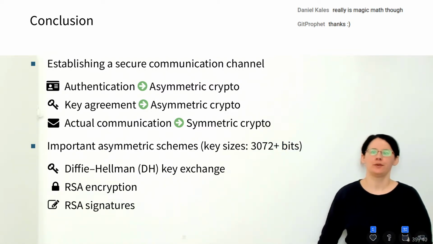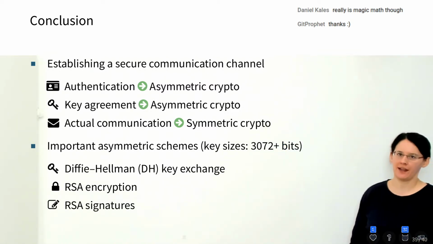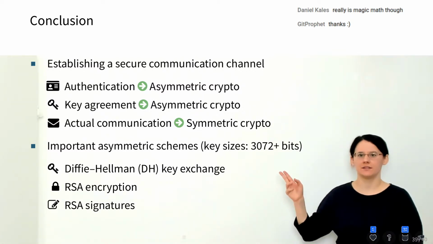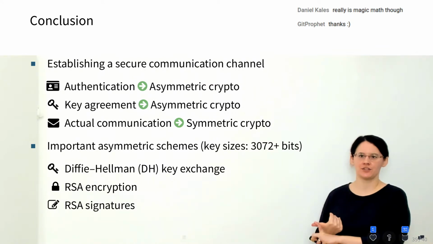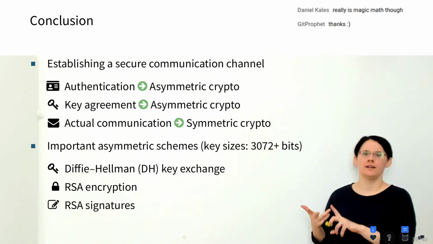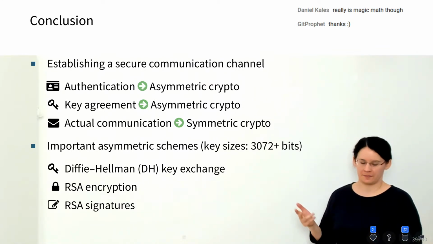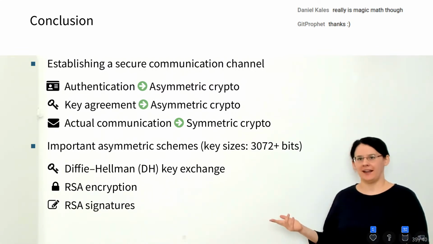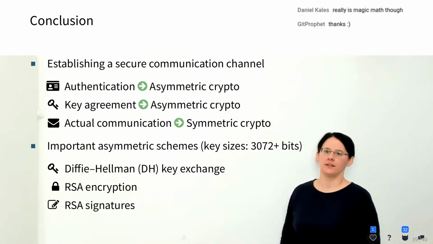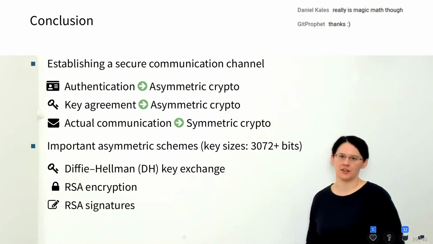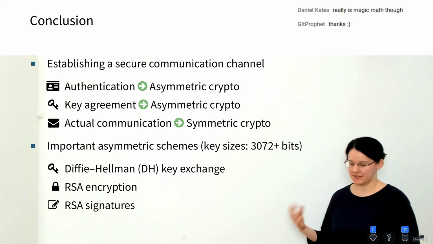And we've seen 3 very important asymmetric schemes today. All of them need a key size of approximately 3000 bits. We saw Diffie-Hellman key exchange, RSA encryption, and RSA signatures. And what you see in the exercises is a signature scheme that is based on Diffie-Hellman key exchange. So you will see the same building blocks.